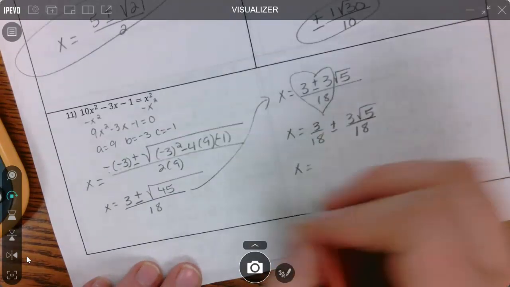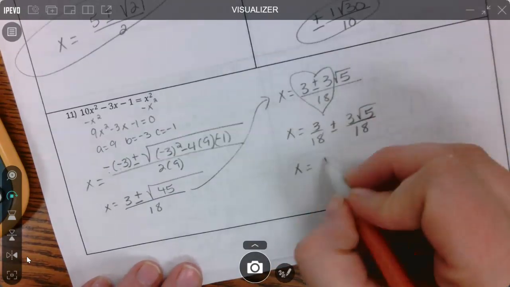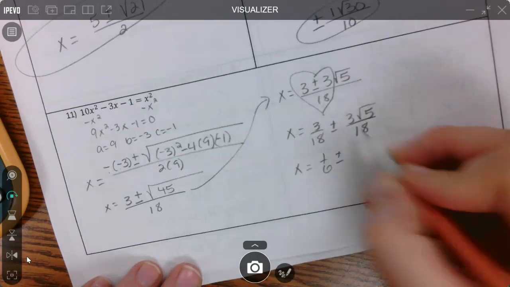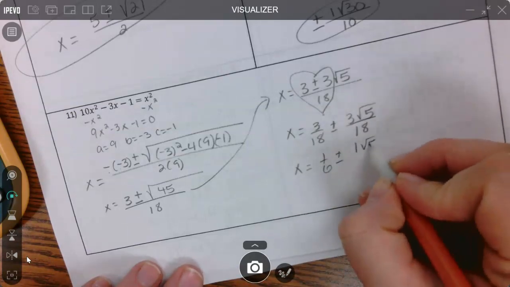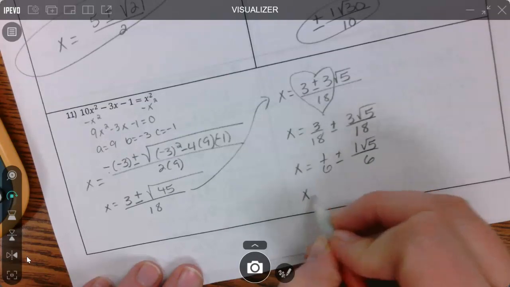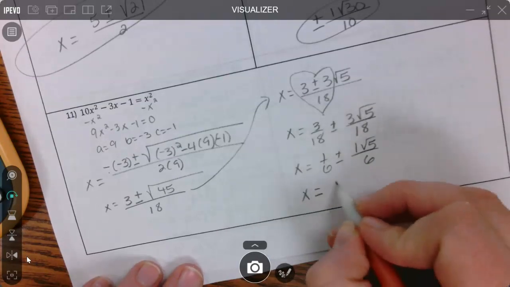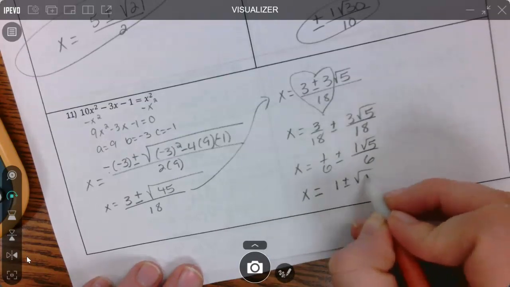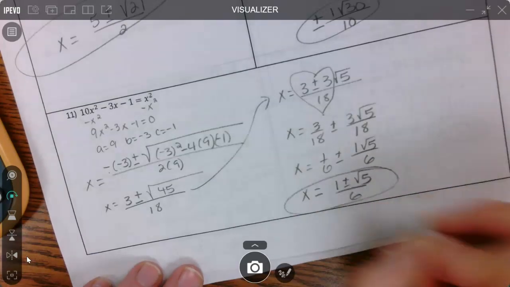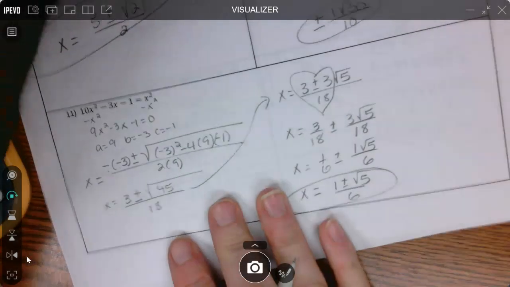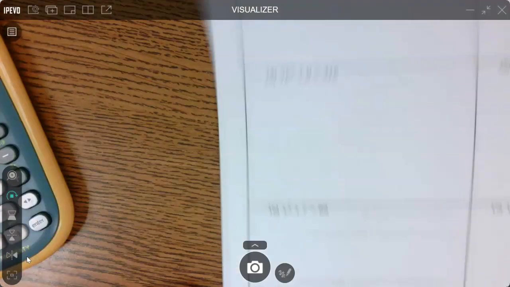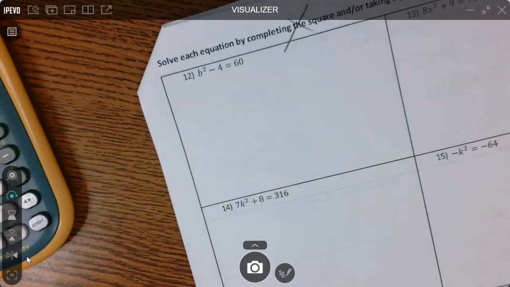This will reduce as 1 over 6 plus or minus 1 square root 5 over 6. And so we can say x equals 1 plus or minus the square root of 5 over 6. Call it done.